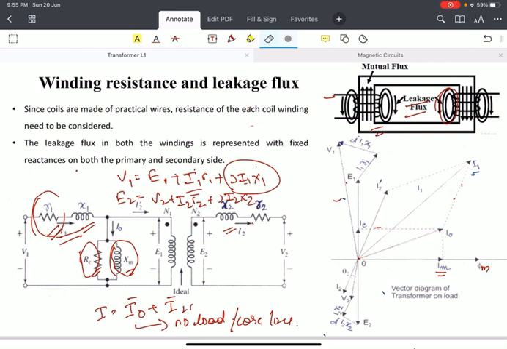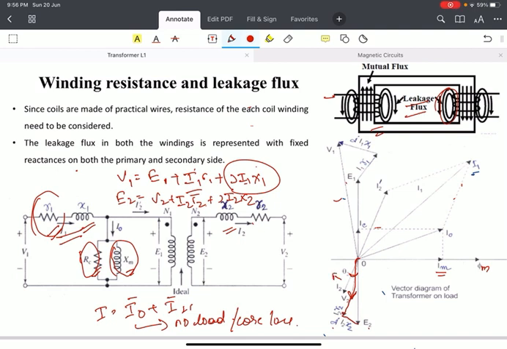Then induced voltage E2 plus the leakage losses J I2 X2 plus I2 R2 will be equal to the terminal voltage V2. The secondary current I2 will have some phase shift with respect to V2. That phase shift is theta 2.